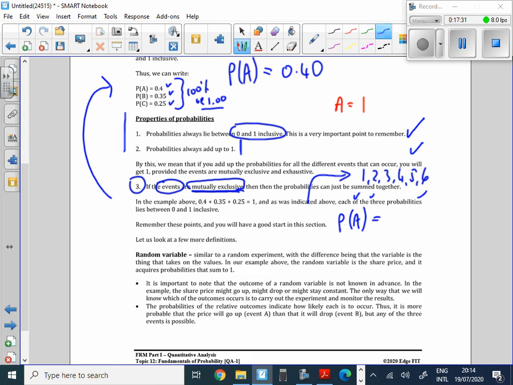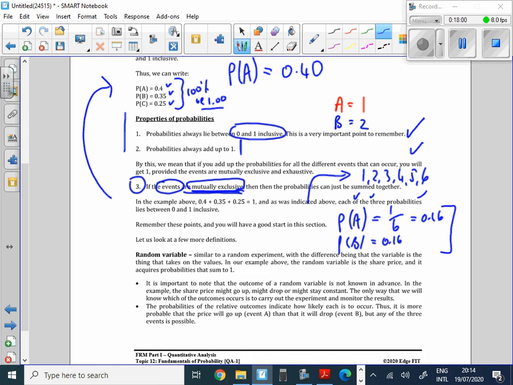Well, it's equal to, guys, 1 over 6, whatever that happens to be, I think it's 0.16. And if I label B as getting a 2, the probability of B is also, by the way, 0.16. Why? Because they are mutually exclusive events. Each one will fall between 0 and 1, and they will all, of course, sum to 1.